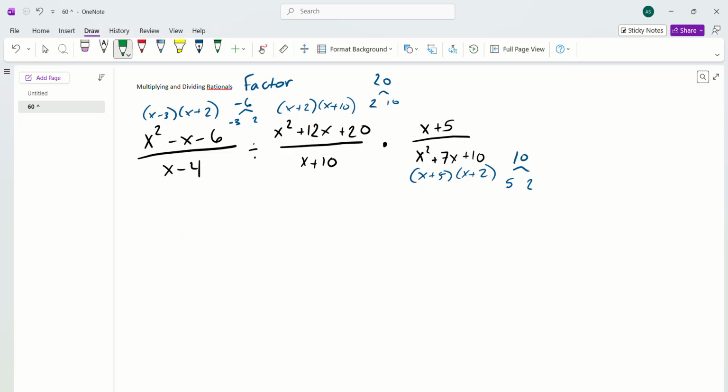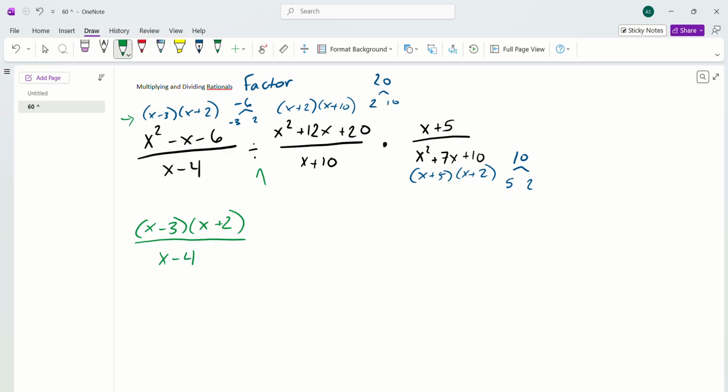We're going to keep our work, keep the factors, keep the fraction, keep everything on the top and everything on the bottom.